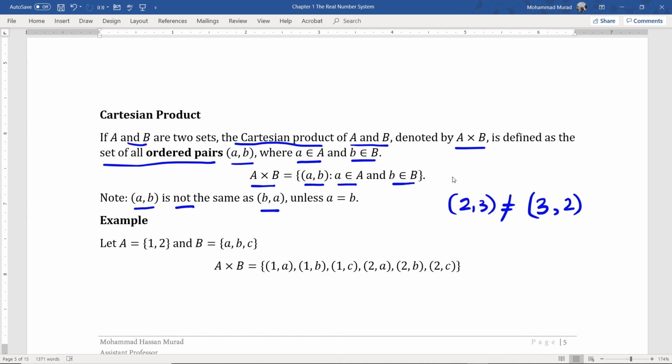For example, if A is a set with elements 1 and 2 and B is a set with elements a, b and c, then the Cartesian product of A and B is defined to be this set. Set of all possible pairs whose first element is coming from A but whose second element is from B.